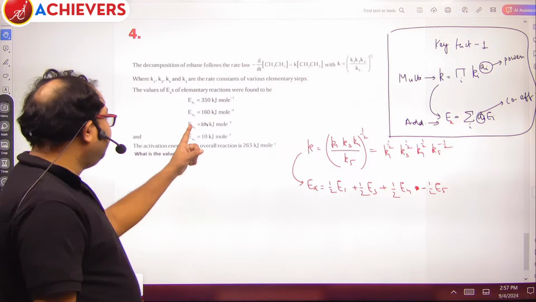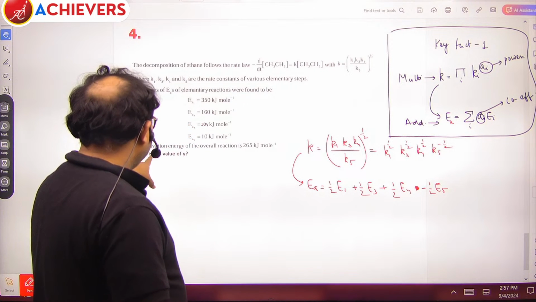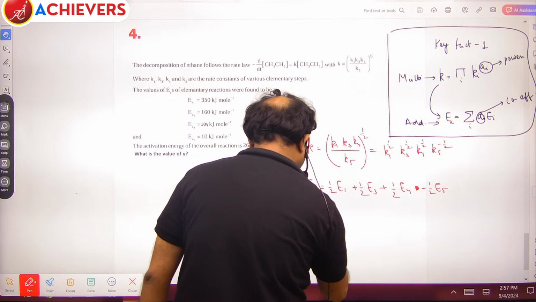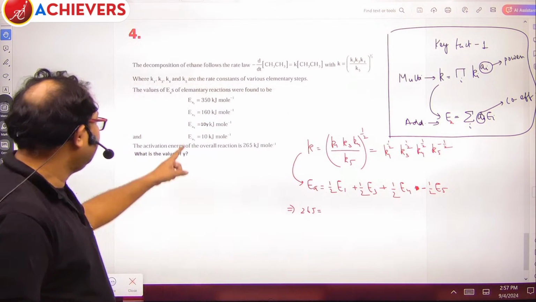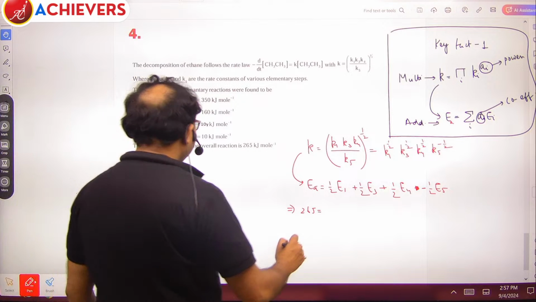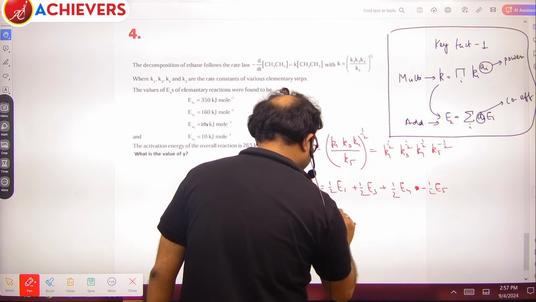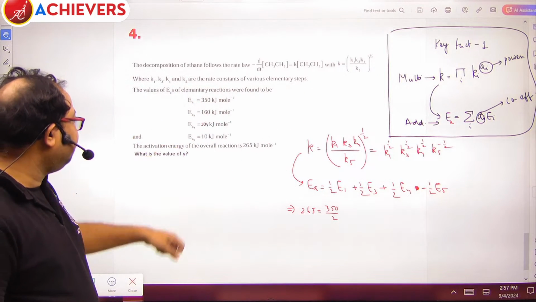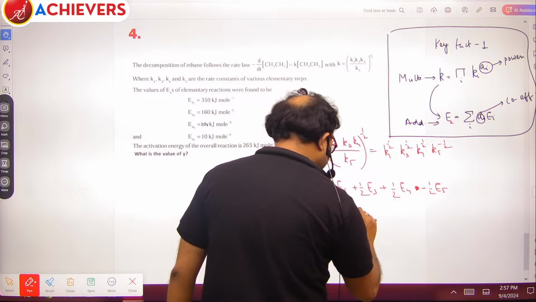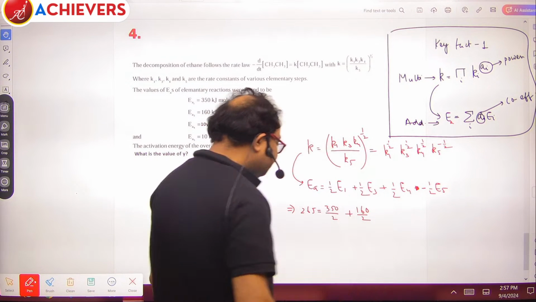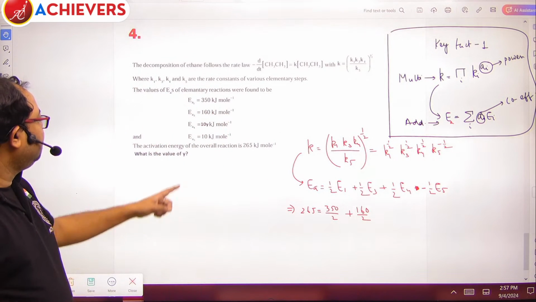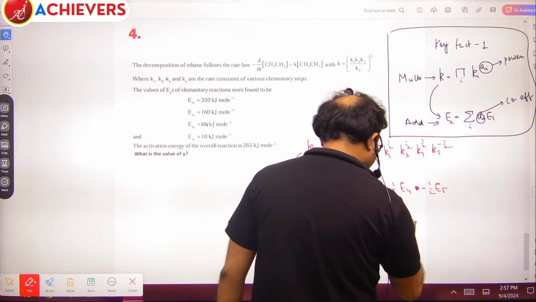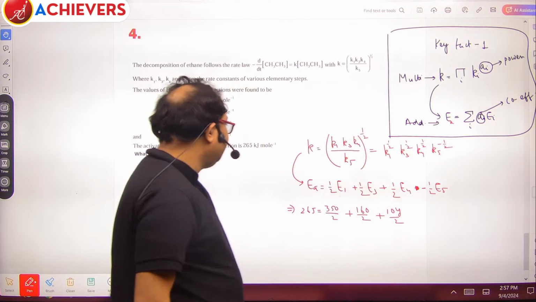Now they have given the overall activation energy to be equal to 265 kilojoule per mole. EA1 is given 350, so it becomes 350 by 2. EA3 is given 160, so it becomes 160 by 2. EA4 is given, it's 10y by 2.